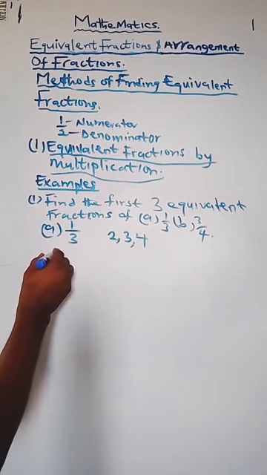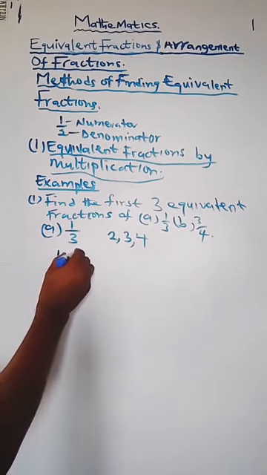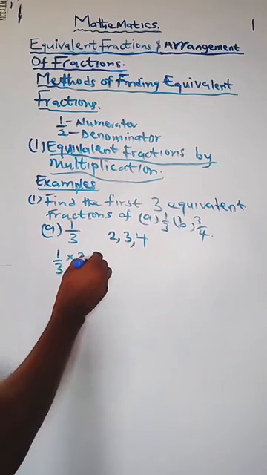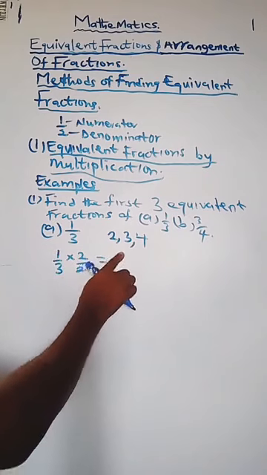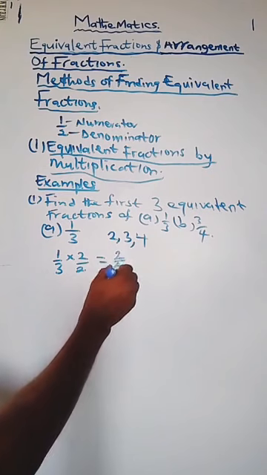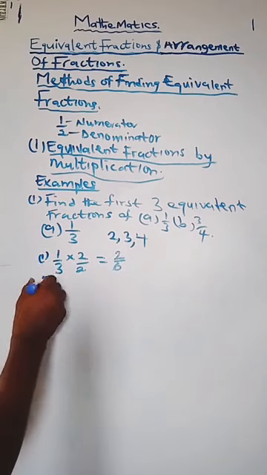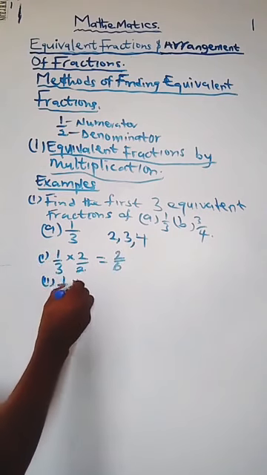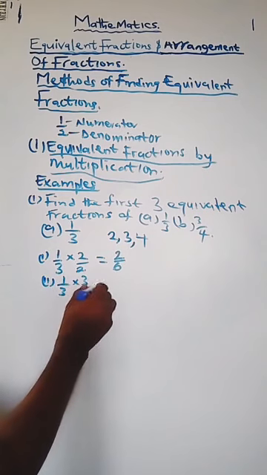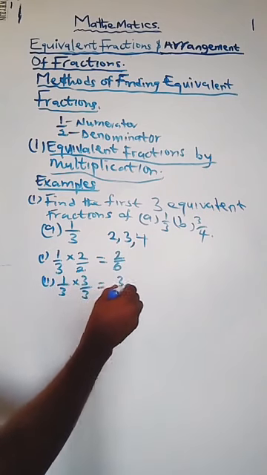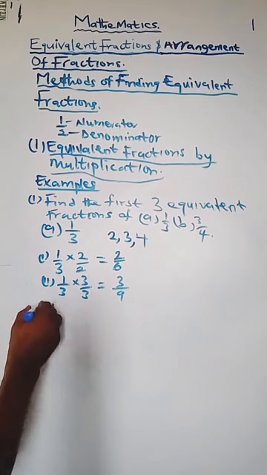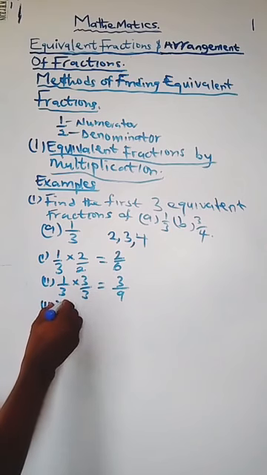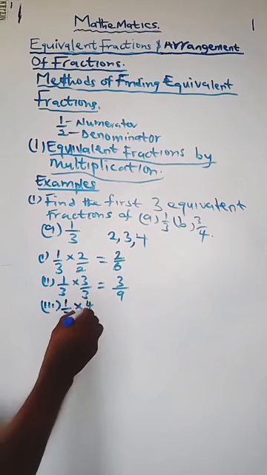Let's go. So 1 over 3, numerator times 2, denominator times 2. So this is 2 over 6. That's the first one. The second one, 1 over 3 times 3 over 3. So we have 3 over 9. The third equivalent fraction will be 1 over 3 times 4 over 4.